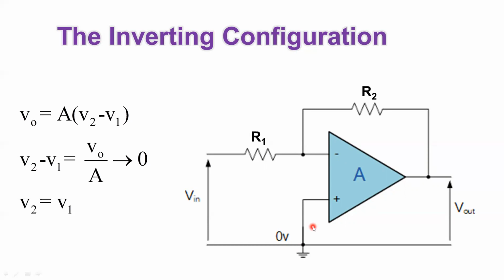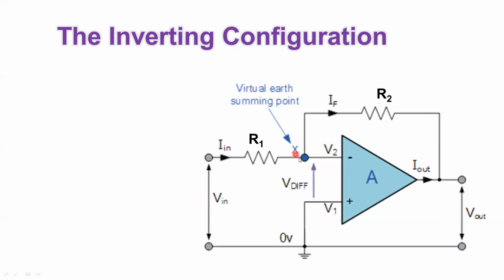Okay, what is the second issue? As far as it's an ideal amplifier, we have to assume that the open loop gain is equal to infinity, and then we can assume that V2 is equal to V1. Great. So we know that V2 is equal to 0. We know that V2 is grounded. Then we will call this point a virtual earth or a virtual ground.